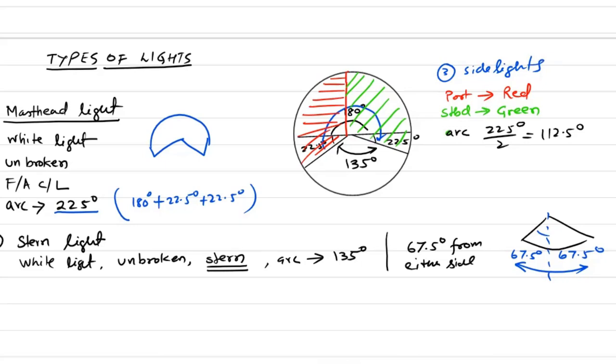Yes, sir. Right? And placed on the fore and aft center line, and a vessel less than 20 meter may have a combined lantern. Remember something? Combined lantern. Good.